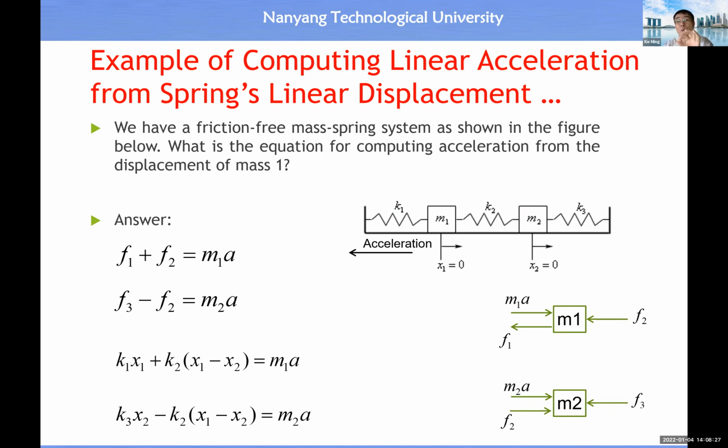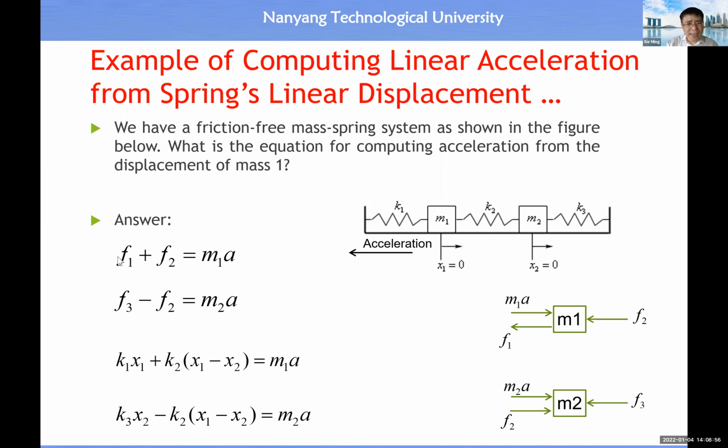Then spring K2 will have a pushing force on M2, all right? So then F2 acting on M2 is in the right direction, all right? So this is a free body diagram. Then we can sum them together, okay, then apply Newton's second law. The net force on M1 will produce acceleration by M1. Net force on M2 will produce acceleration by M2, all right?